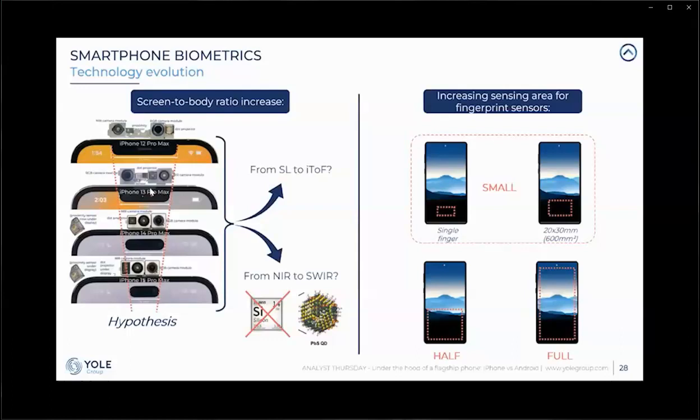So there are these two trends for the infrared facial recognition modules: from structural light to iToF, and from near-infrared to SWIR. Then on the optical fingerprint technology, the global trend is to increase the sensitive area, and this is what is illustrated on this slide.